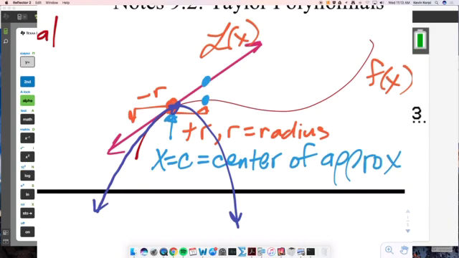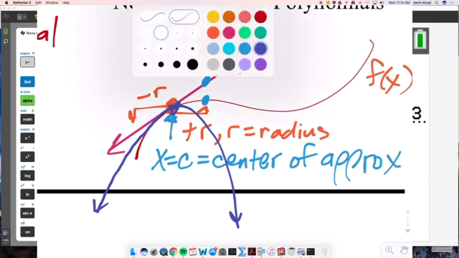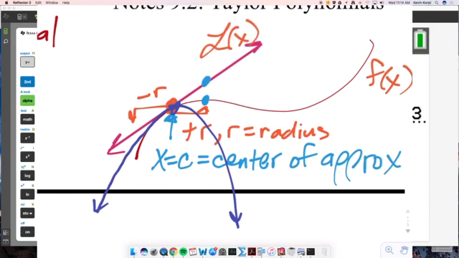And if I can find the equation of that parabola, then I can use it to approximate the value on either side of the center with better accuracy than the line. And then maybe if there's a quadratic that fits the curve, maybe there's actually a cubic polynomial that fits the curve even better. In which case, I can use the cubic function to get better and better approximations, and so on and so forth.